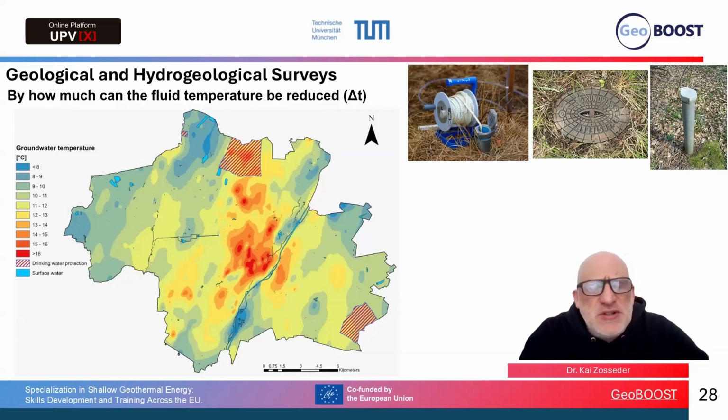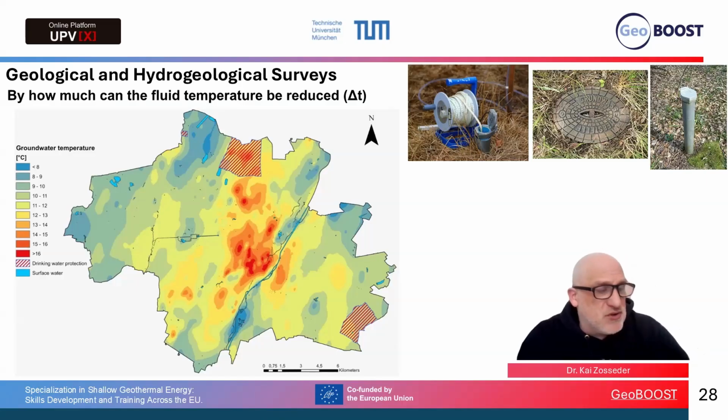Here you see an example from the case study of Munich, where we measured the temperature, and you see that in the middle of the city we have a higher temperature than in the surroundings. This depends on the fact that we have a lot more sealed surfaces in the city center, so the temperature is increasing, and we also have a lower aquifer thickness.